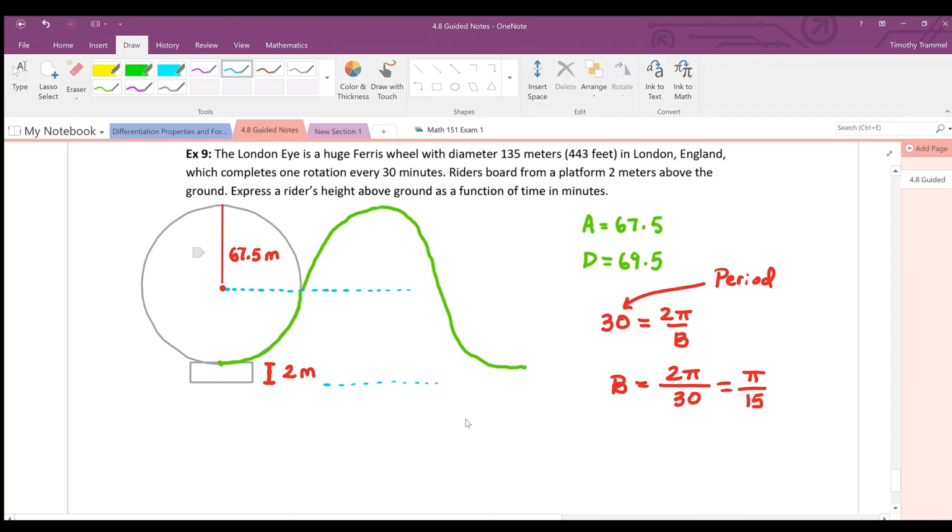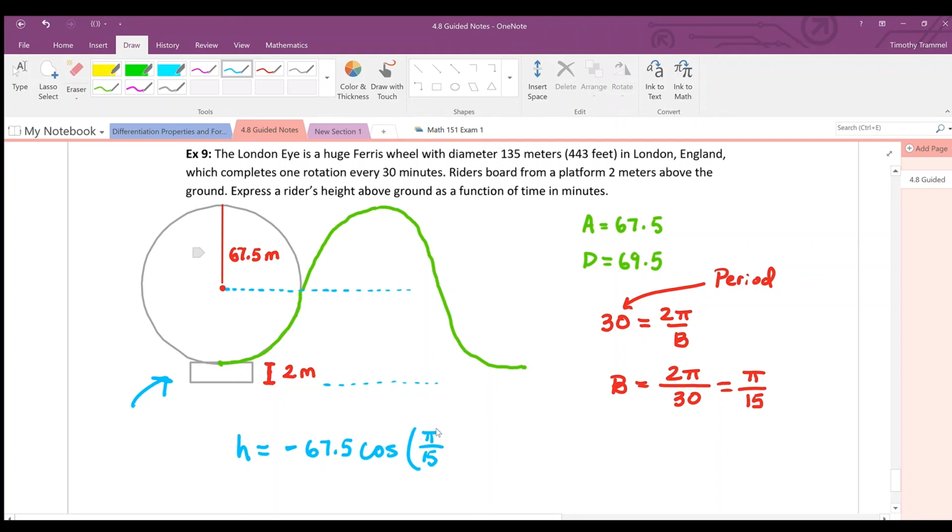Now let's start trying to write down the equation. So we have y equals, or again, if we want to use h, we can use h. The amplitude was 67.5. And since we're starting at the bottom of the wave, just like in the example up above, we know we want to be working with minus cosine. B we found to be pi over 15.